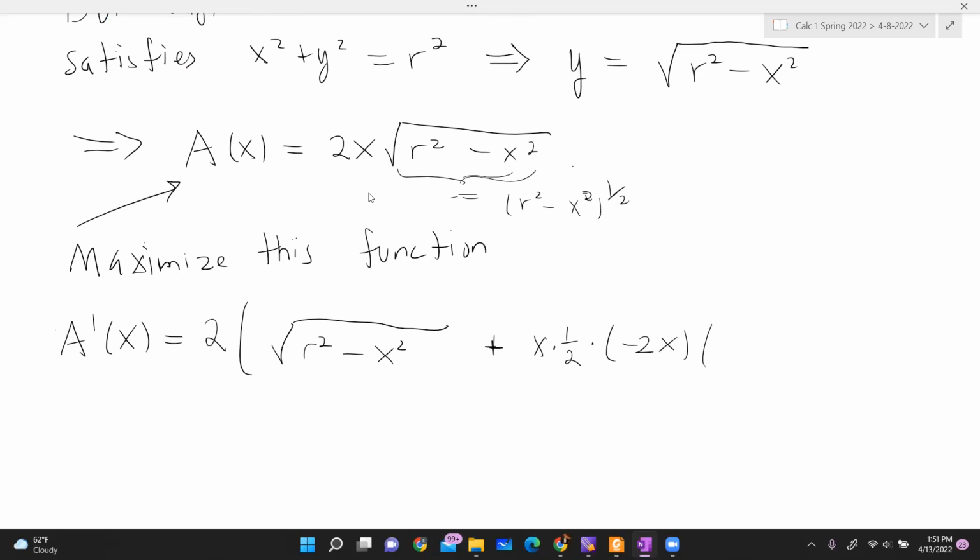And then times the derivative of the outside function, the power function, evaluated at the inside function. We already brought the power down, so now we just have to reduce it by 1 to get negative 1/2.